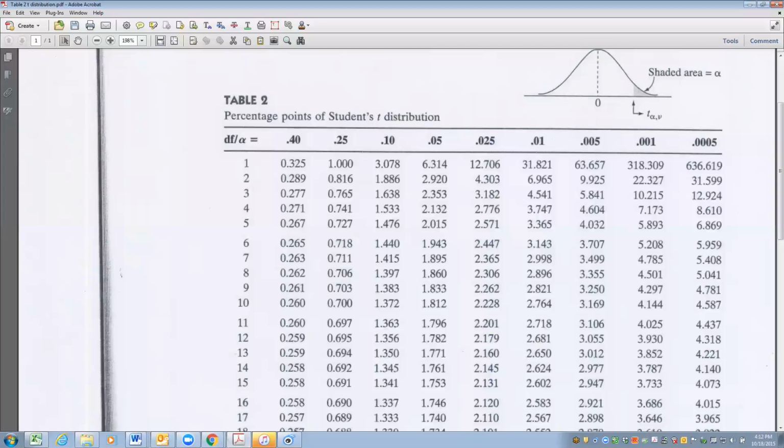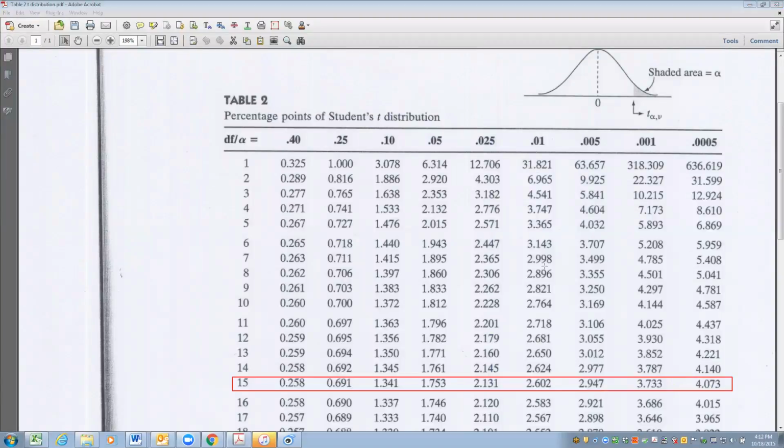So I'm going to go to my t table. I'm going to go to the 15 row. I'm going to go to the 0.01 column, and I see 2.602. Because t is bigger than that, I will reject the null hypothesis.